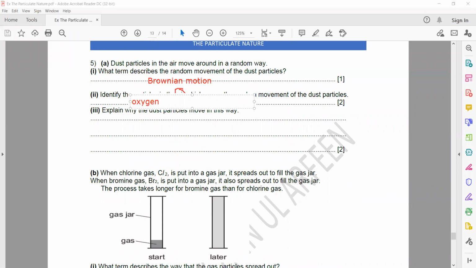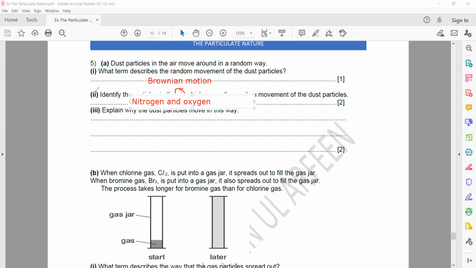So you can mention oxygen and nitrogen, because about 78% is nitrogen and 21% is oxygen. So mainly it is due to nitrogen and oxygen. Why did I not write carbon dioxide?